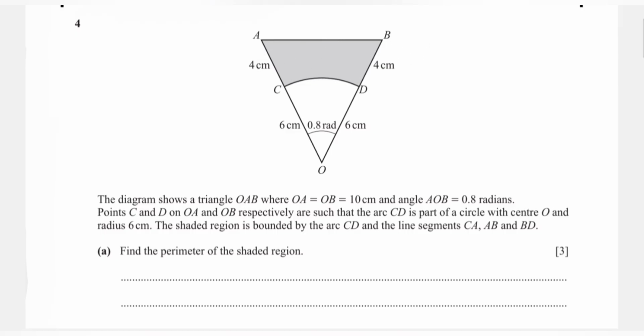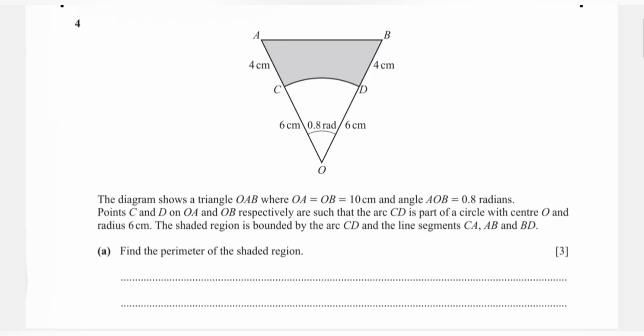CD is an arc of a circle with center O. So there's a circle like this, and we've only shown a part of it.